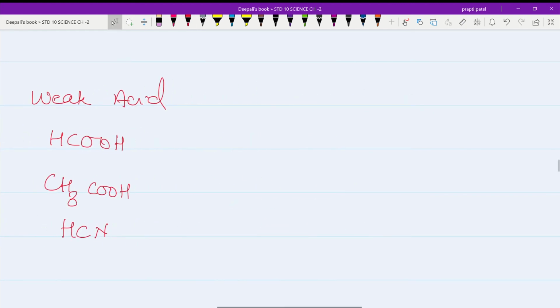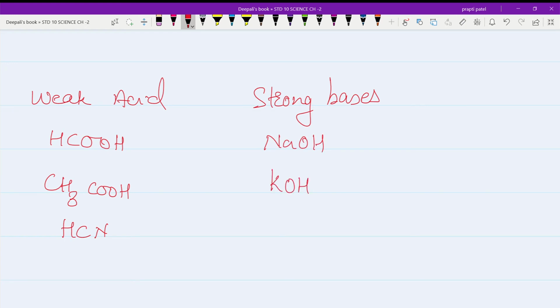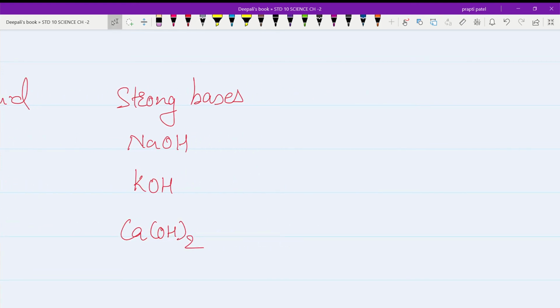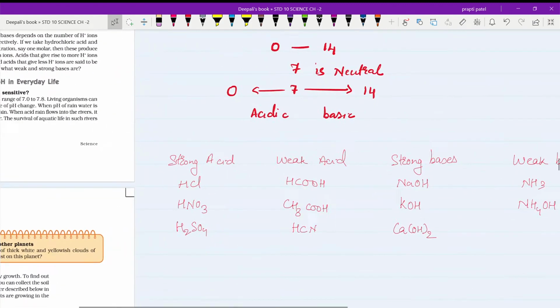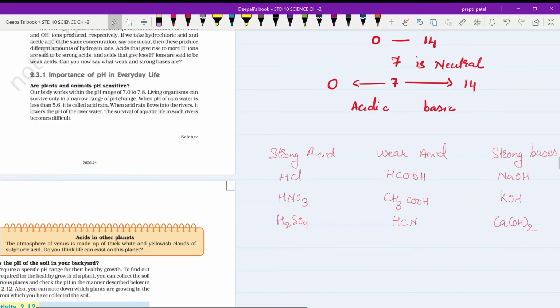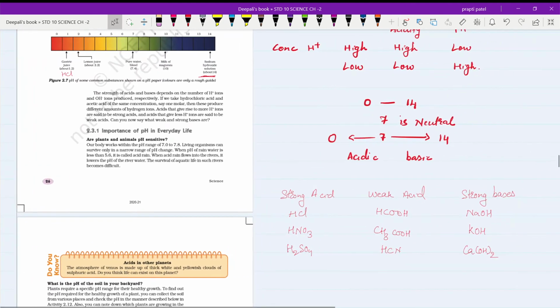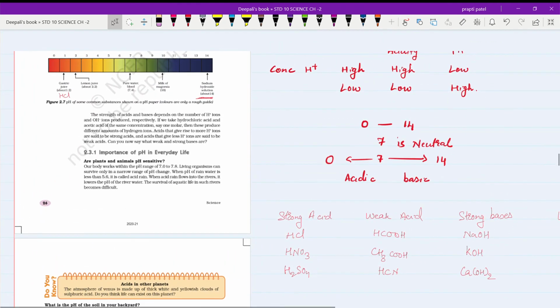And when you talk about strong bases, it is NaOH, KOH, Ca(OH)2, etc. And we have weak bases, NH3, NH4OH, etc. So you can easily understand the importance of the concentration of various H+ and OH- ions in the acids and bases.